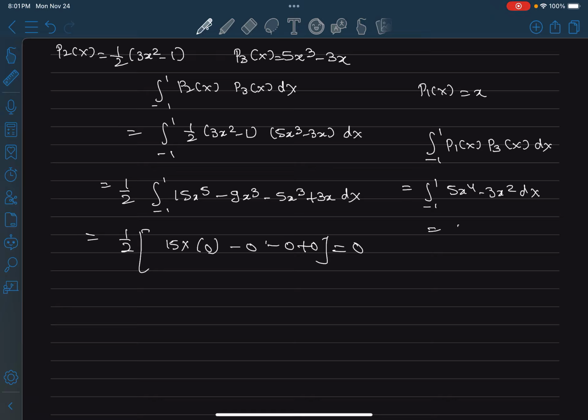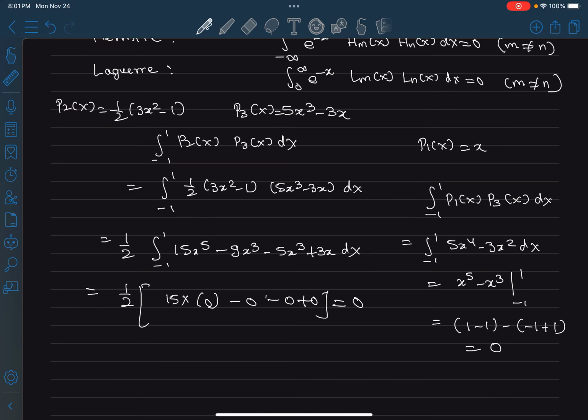So in this case, this is x to the power 5 minus x cubed. Now this also cancels because it's just 1 minus 1 minus 1 plus 1. So all of them are easy cases, but there can be more complicated ones, and again, all of them nicely cancel out. Okay, we verified this, right?